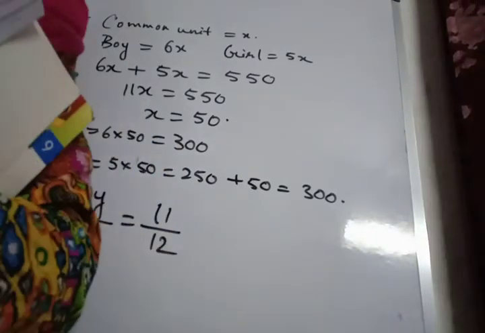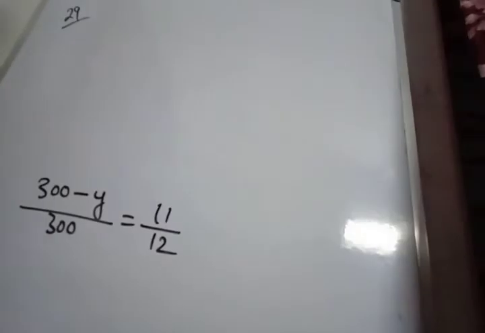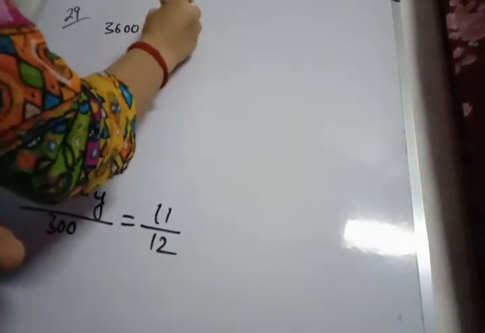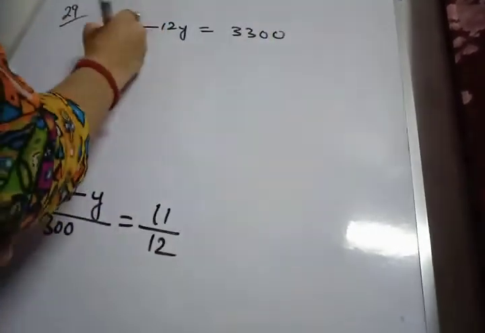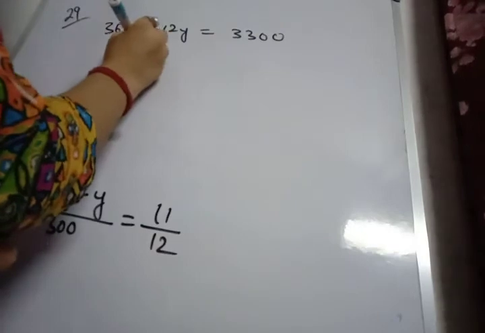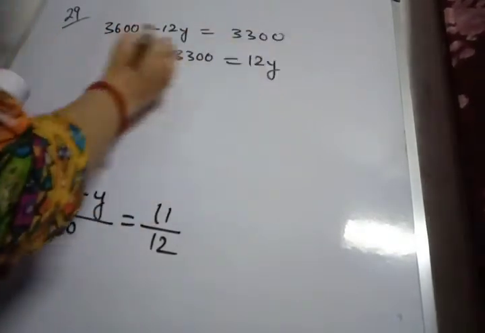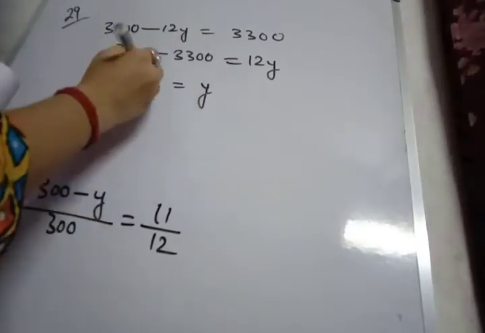Now we are going to do the cross multiplication and find the value of y. So 3600 minus 12y equals 3300. So 3600 minus 3300 equals 12y, or 300 by 12 equals y.